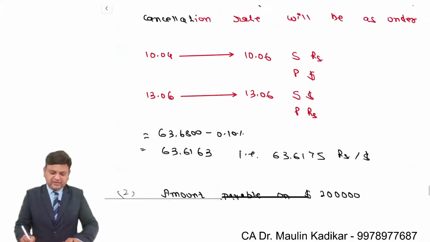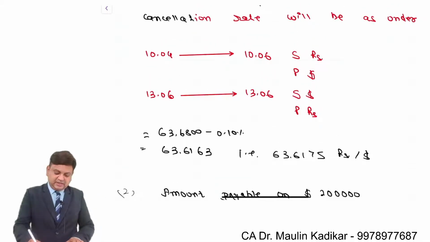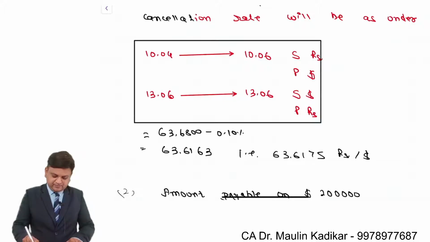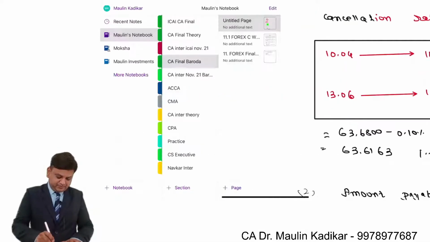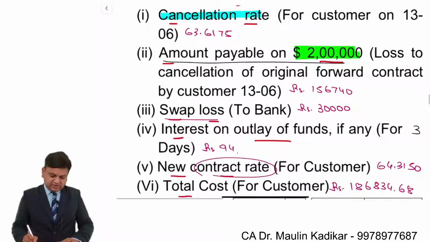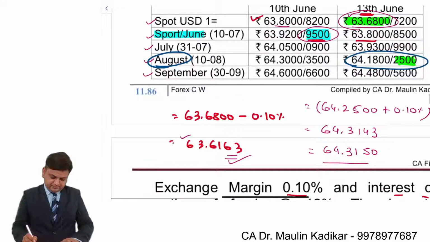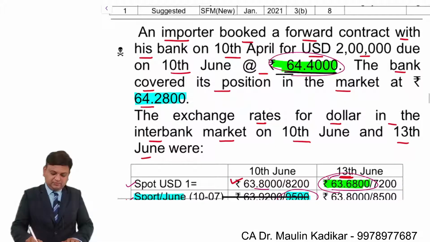So we understand friends that there are opposite transactions which have been entered upon like this, and for this we are required to compute the profit or loss. For this original forward contract, the exchange rate is provided to us as 64.40.